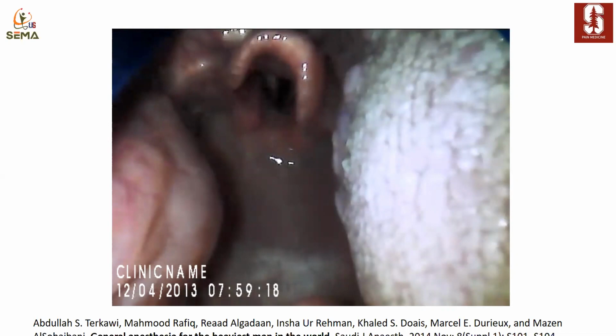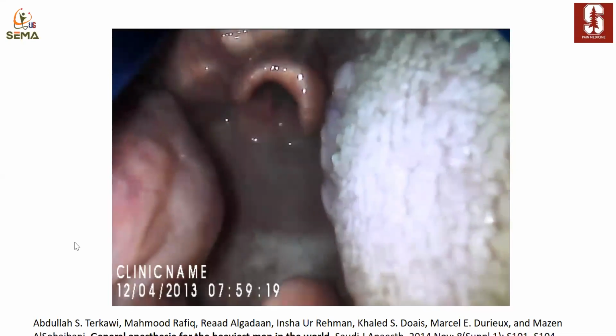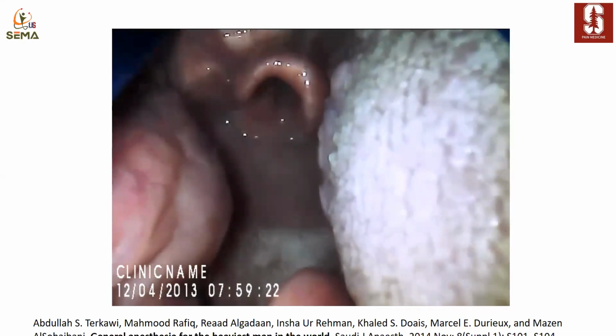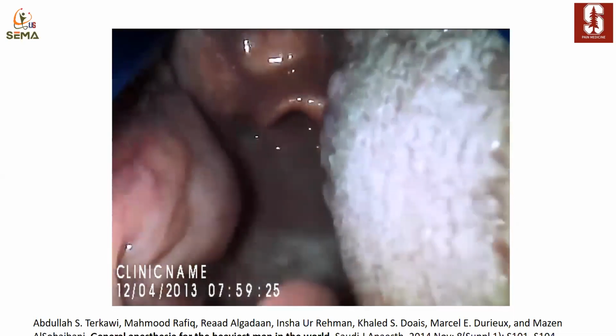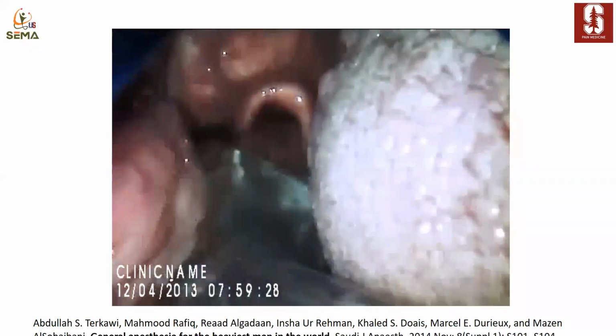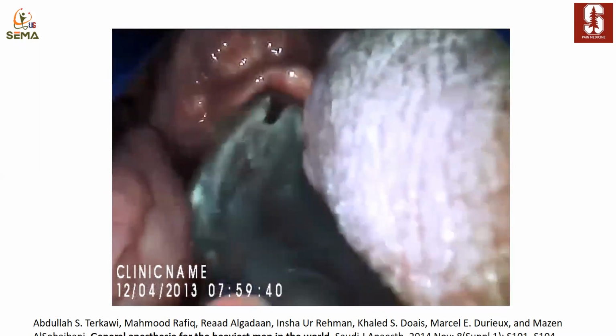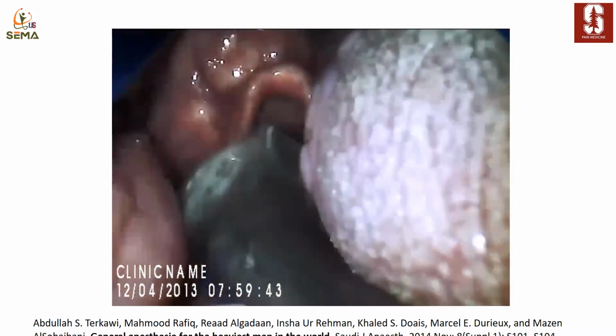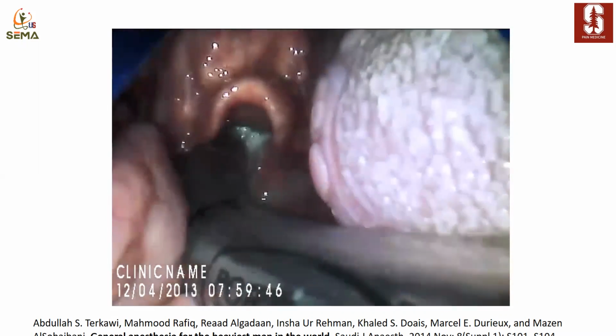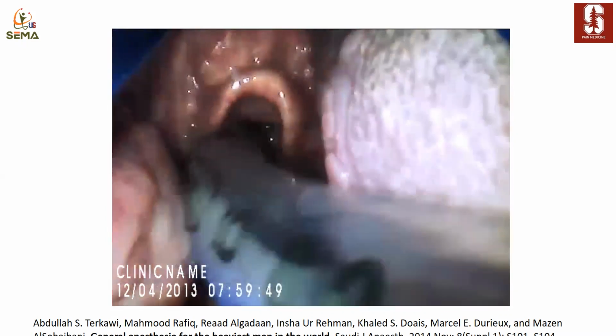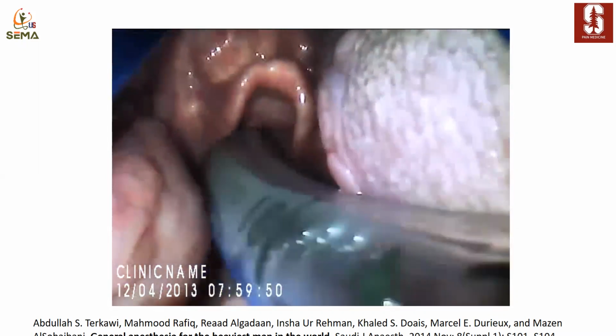It mainly depends on how you hold the blade. Here comes the tube. The tongue was an obstacle, it was challenging to go around that big tongue. And then going through the glottis. And here you go, watch the stylet coming out. Yep, so it went smoothly.